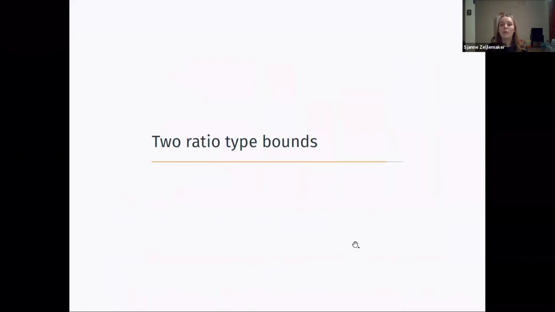Now, apart from this optimization, we also looked at a different type of bounds, the ratio type bounds. And we also came up with 2 results here. Now, these results are not very suitable for optimization, so we have not managed to do this yet. But I just want to show you quickly what we found here.